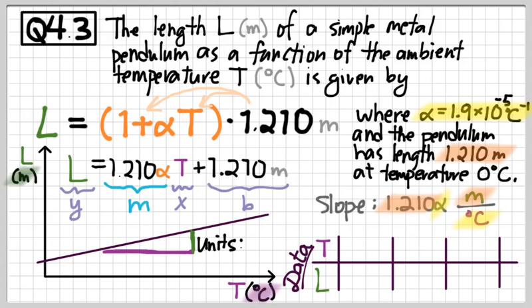So they must be meters divided by degrees Celsius. Always. No matter what else is going on in the problem, if you can think to yourself, what quantities would I be graphing? What variables am I graphing one against the other? As soon as you have an answer to that question, you know what the units of the slope have to be. They're the vertical units divided by the horizontal units.